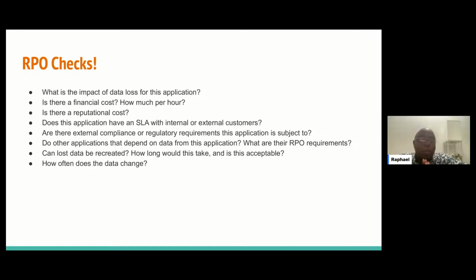So before you take on these steps, you need to look at the impact of data loss for the application. You need to look at the financial cost per hour and the reputational damage it's going to cause, because it definitely caused a lot of reputational damage for MTN. That's why the CEO sent a message and apologized.